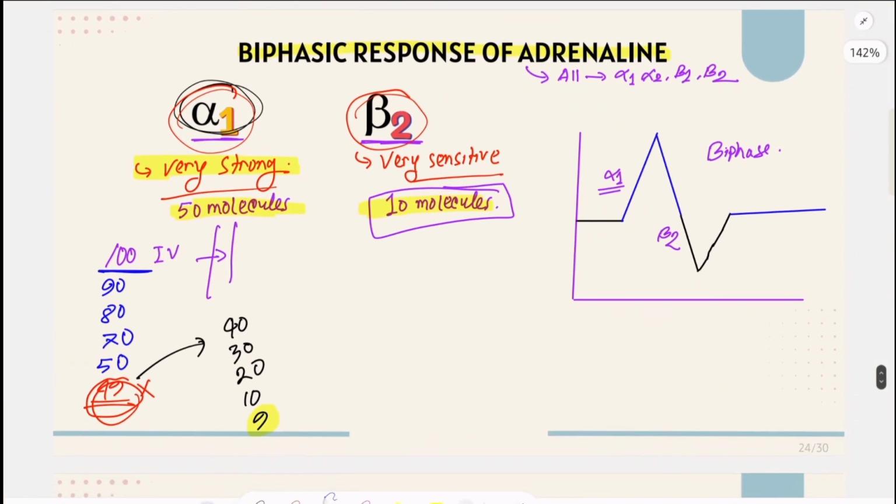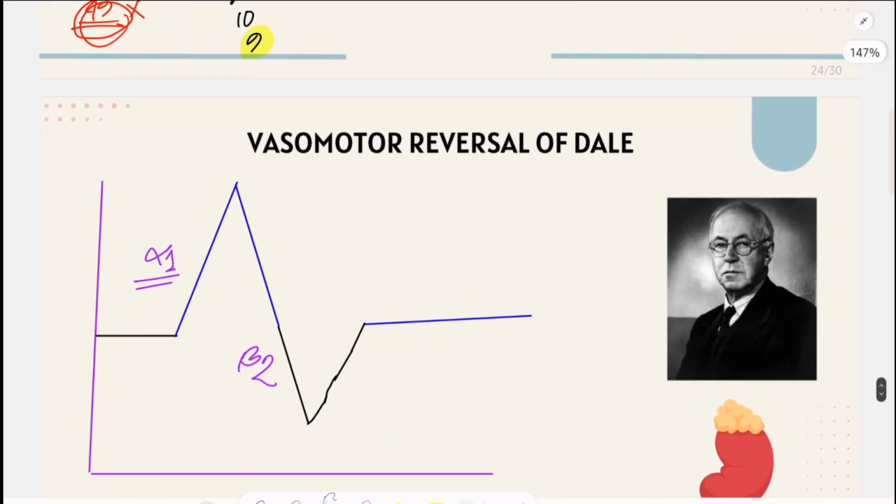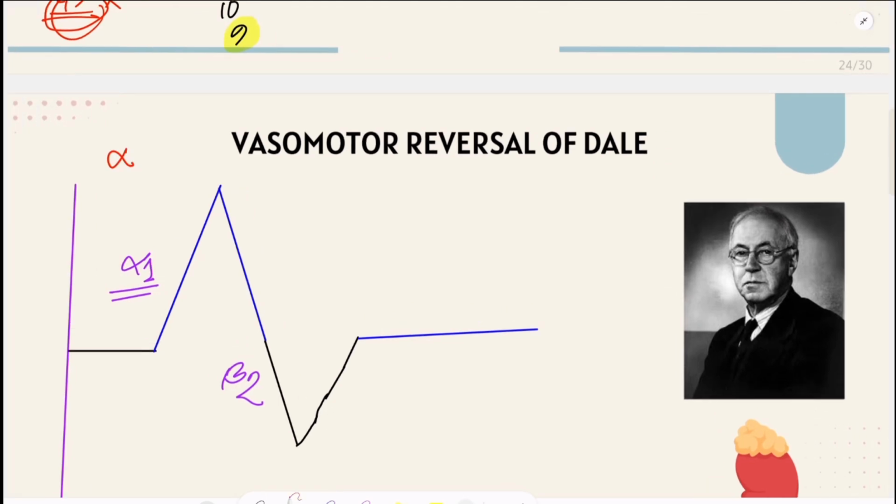Now we will move to the vasomotor reversal of Dale. It is nothing but the biphasic response of adrenaline with only one more term, that is an alpha blocker. If we give an alpha blocker prior to the administration of adrenaline, it will block the alpha 1 receptor.